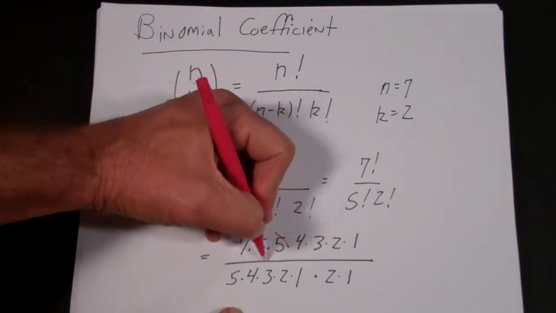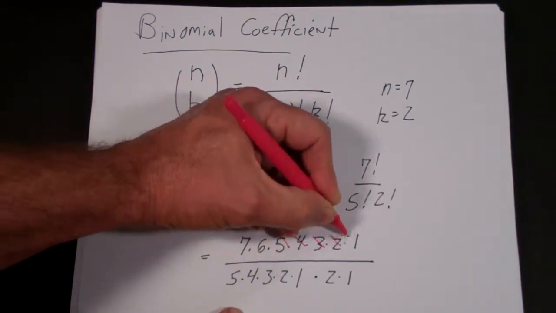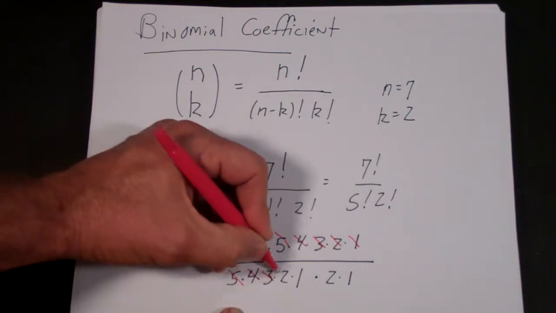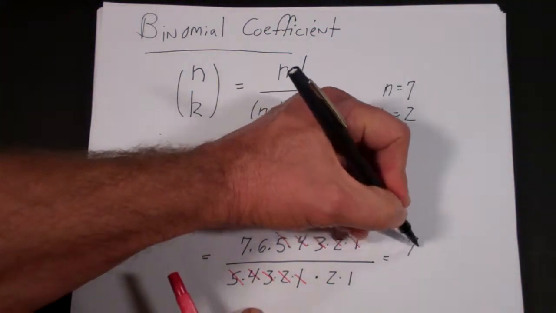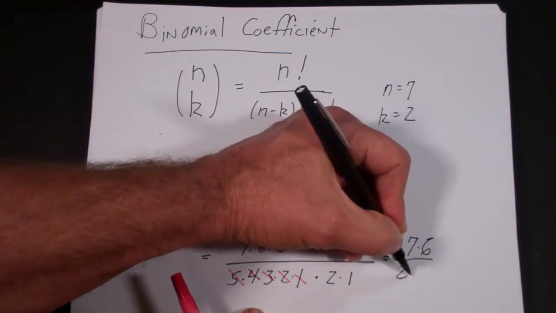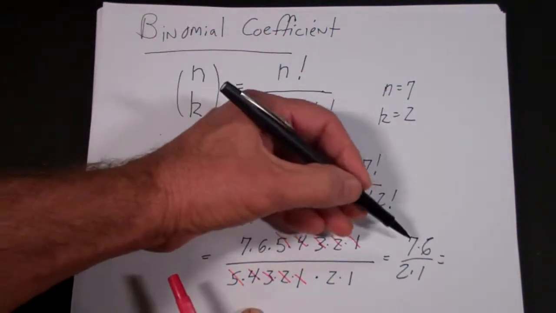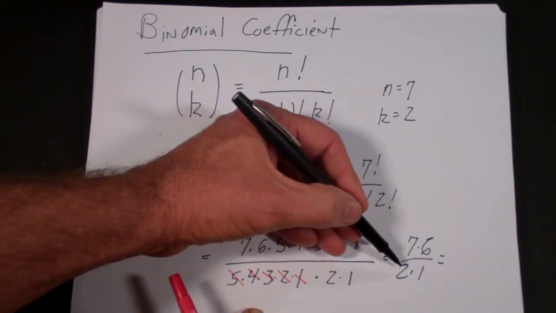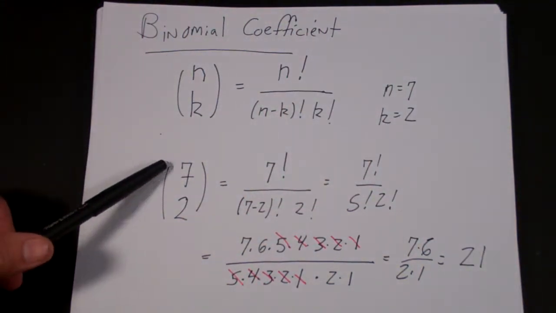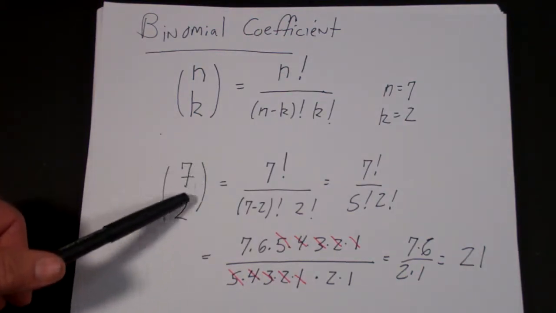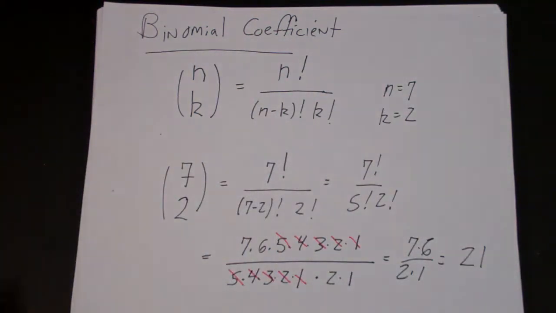So the 5, the 4, the 3, the 2, and the 1 cancel with the 5, the 4, the 3, the 2, and the 1. And you end up with 7 times 6 over 2 times 1, which is 42 over 2, which is 21. In other words, 7, 2, the binomial coefficient, is simply equal to 21.